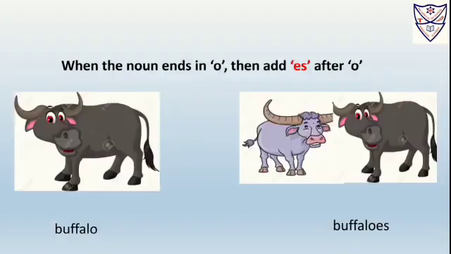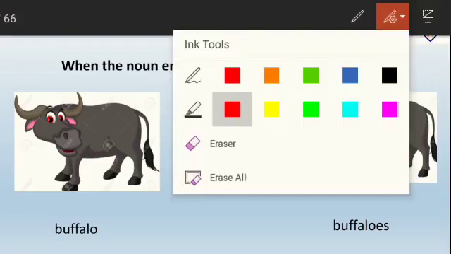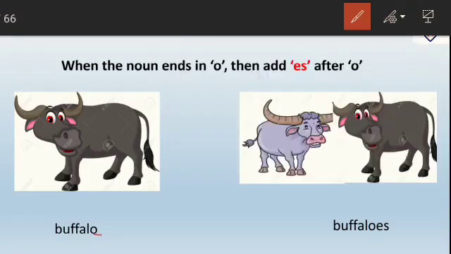Buffalo, buffaloes. Now here the noun ends with O. Now here you can see my noun is ending with O. When my noun ends with O, to make it plural, after O I will add ES. So buffalo, buffaloes. Again I will say, if my noun ends with O, to make it plural, after O I will add ES.